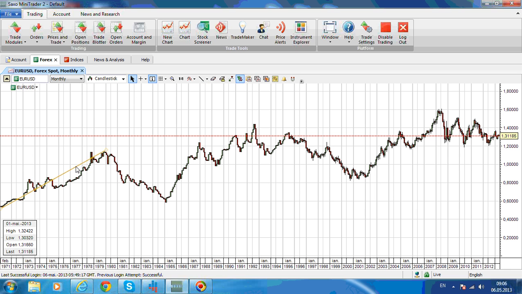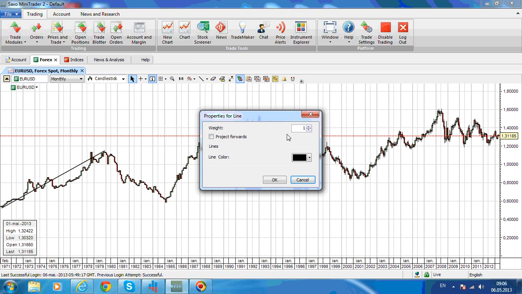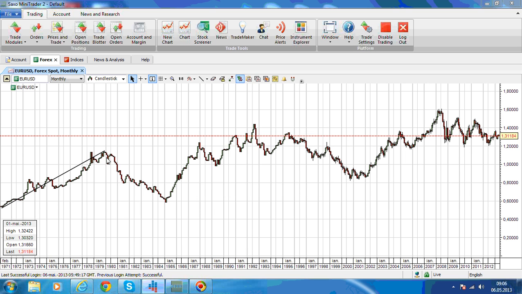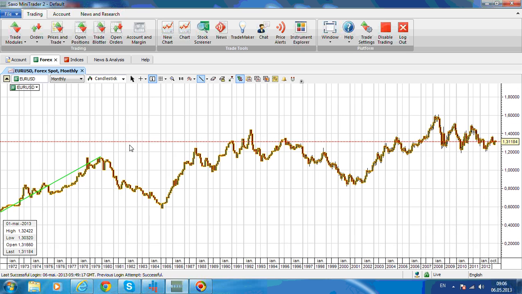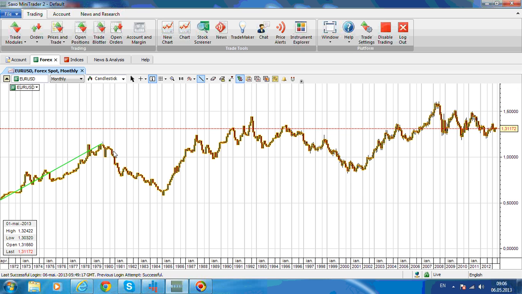So what I would do in here, for example, I would modify this. Let's make it a little bit thicker, and let's make it green, so that we know that this is a bullish cycle. And from this moment on to the downside, if you take a trend line like this, starting with 1980 and going towards 1985, this is a bearish cycle.